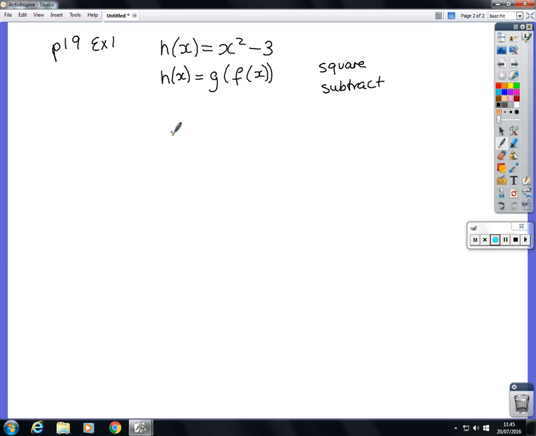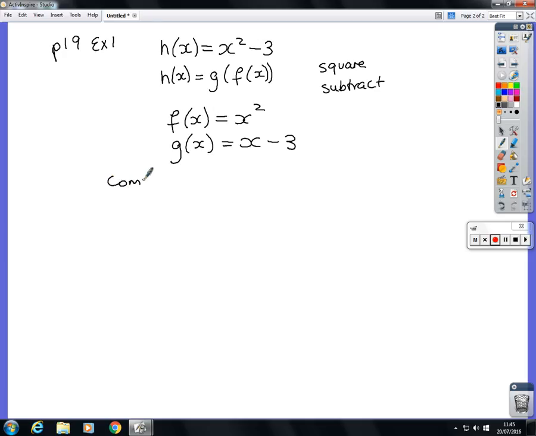So the first function, the one closest to x, was f of x. That must be x squared. And the second function is subtract 3. We write this as x subtract 3.